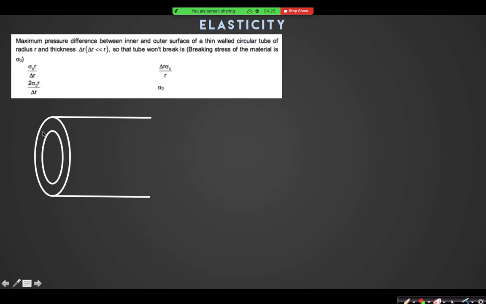Alright, so let us assume one small cross section, which is this one. This cross section I will draw its free body diagram.